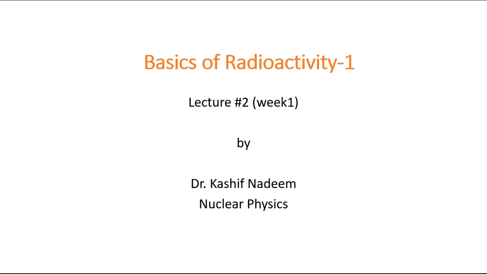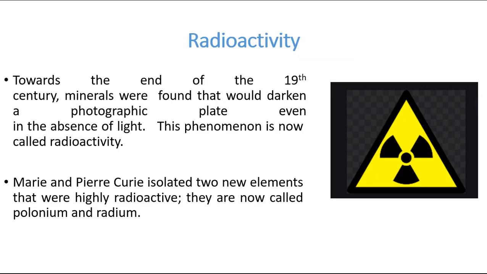Today is our second lecture of the first week, and in this lecture we will talk about the basics of radioactivity and some other basic stuff. Towards the end of the 19th century, minerals were found that would darken a photographic plate, even in the absence of light.